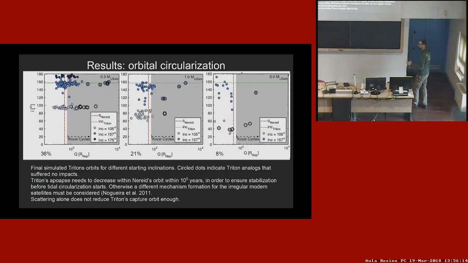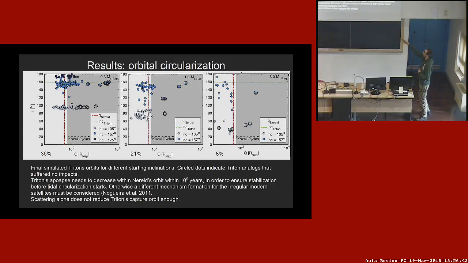Nereid is the innermost of the irregular satellites of Neptune, and the authors assume in this paper that Nereid was not created after Triton's arrival, but it is actually a primordial irregular satellite of Neptune which actually survived Triton's arrival. So one of the main conditions is that the circularization of Triton must ensure Nereid's survival.